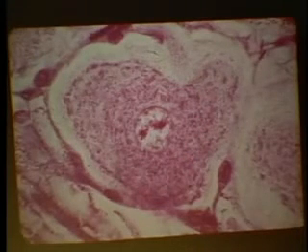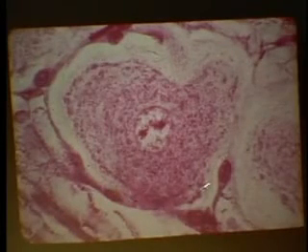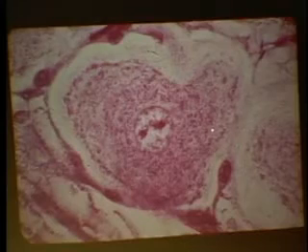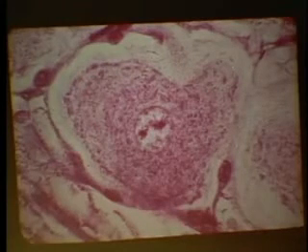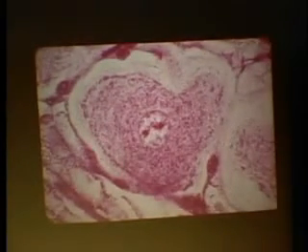So my question is, is this a soma which is part of a fiber that has been cut close to the soma? No. How do you know this is a healthy nerve cell body? The nucleus is in the center.